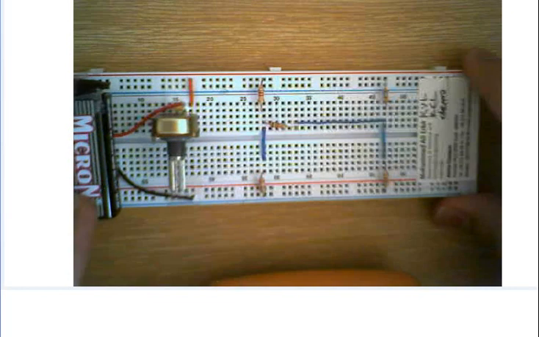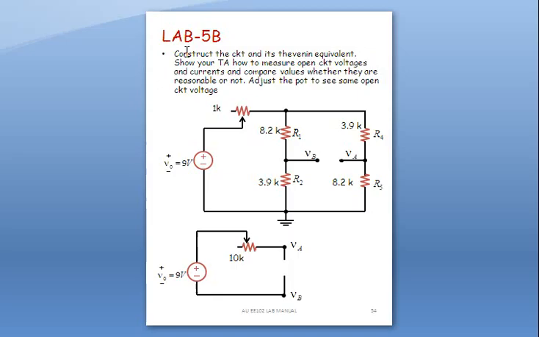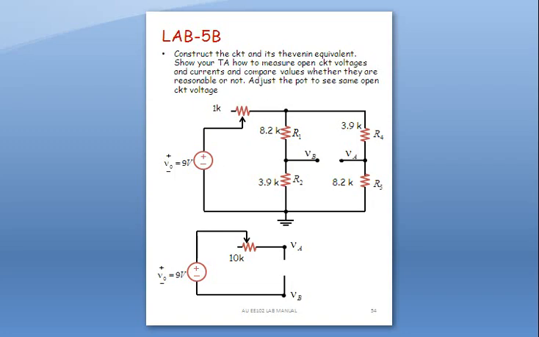So now I have completed my circuit. In the old one, there was a switch here, and I have replaced the switch with a potentiometer. Now I have the same circuit, okay. This is the same circuit as this.